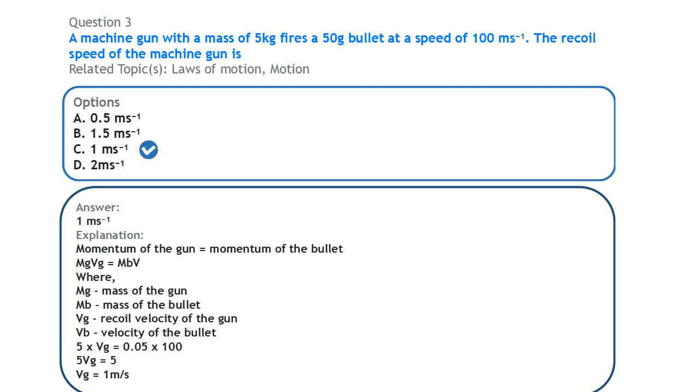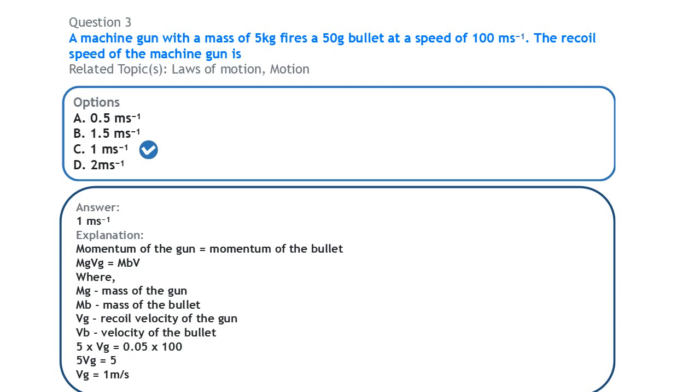So when a bullet is fired, the propulsion of that bullet is an action, and there will be a reaction on the gun itself, and the momentum of the gun would be equal to the momentum of the bullet. Now, the momentum of a body is equal to the mass of the body times the velocity of that body. So the momentum of the gun is going to be the mass of the gun times the velocity of the gun, while the momentum of the bullet will be the mass of the bullet times the velocity of the bullet.